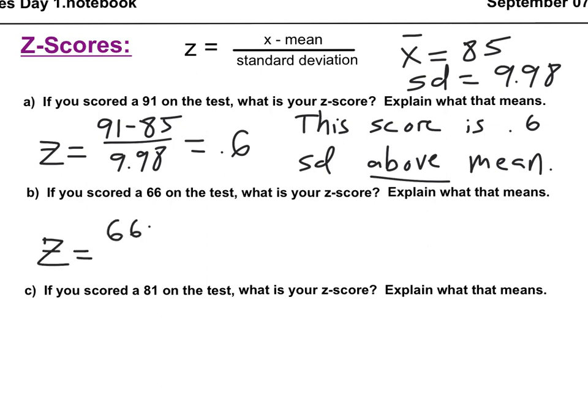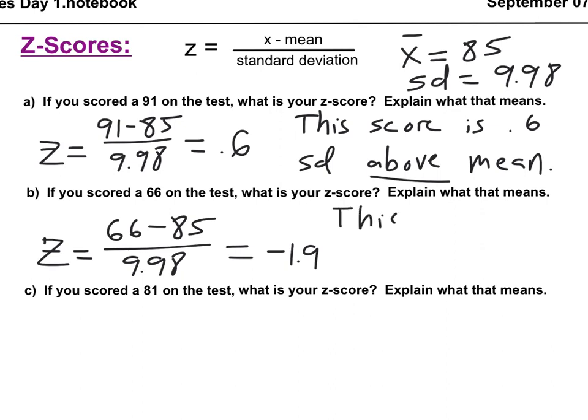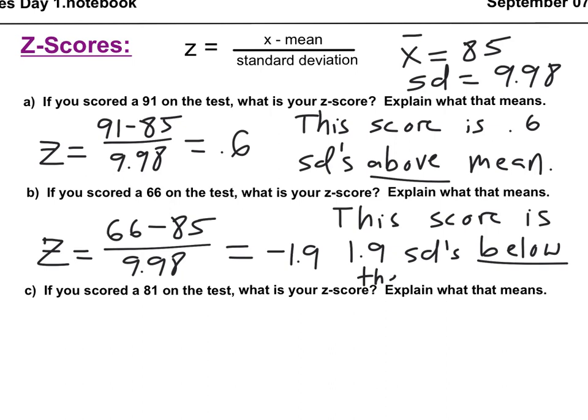Let's say you had gotten a 66. Take away 85. Divide by 9.98. This score, if you had gotten a 66, is 1.9 standard deviations below the mean.